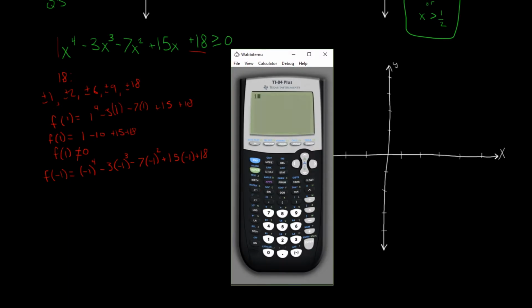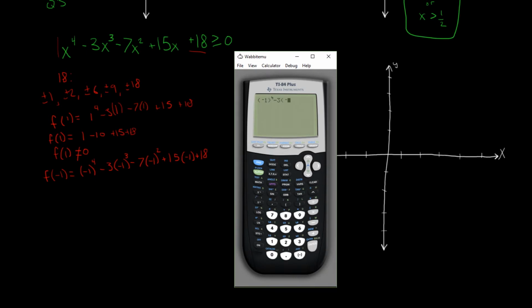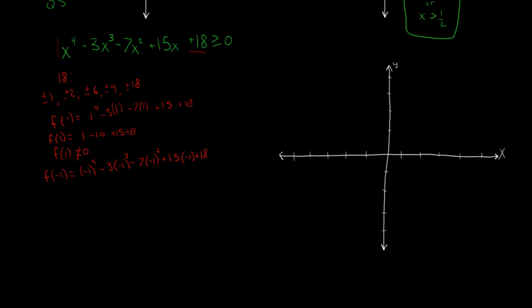Okay, so I'm just going to use a calculator for this. -1 to the power of 4, minus 3, in brackets, -1 to the power of 3, and then minus 7, -1 squared, plus 15 times -1, plus 18 finally. So this one is equal to 0. Okay, well if this one's equal to 0, that means that I know that -1 is one of the roots.